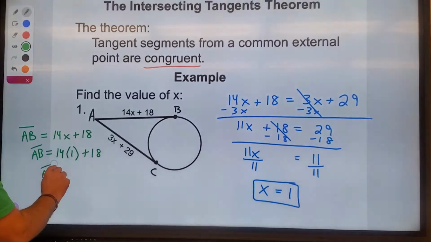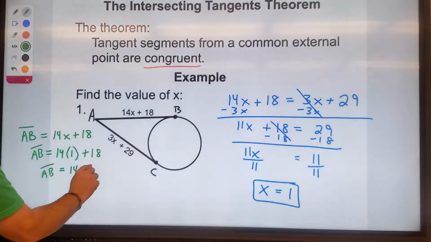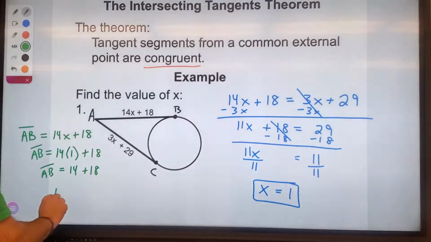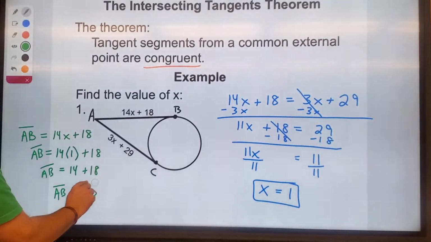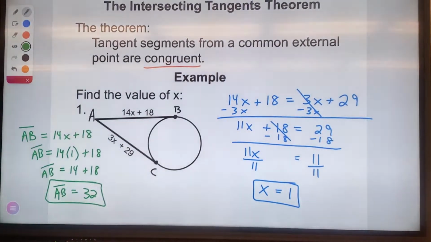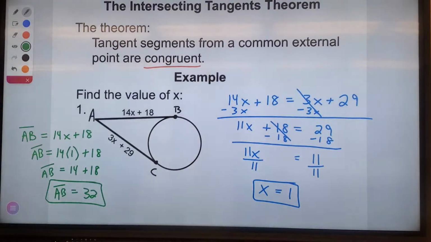So then AB is equal to 14 plus 18, which means AB is now equal to 32. Okay, and you should be able to plug in the value of x for AC. And again, the fact that these are congruent means that AC should also work out to be 32.